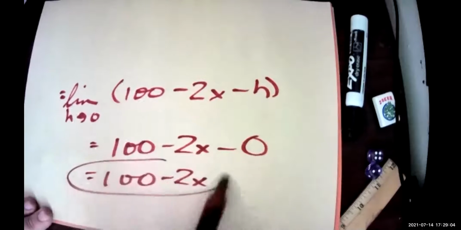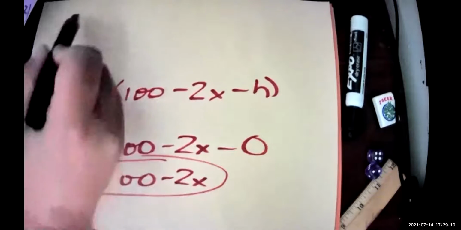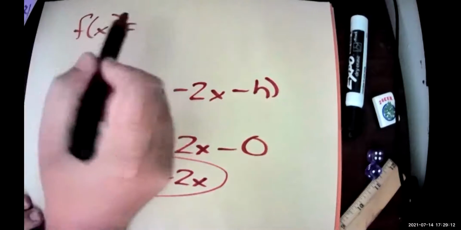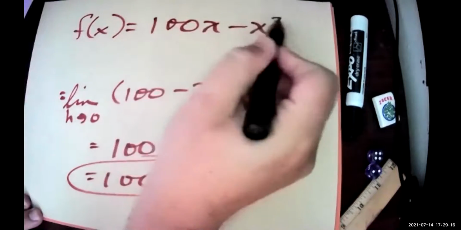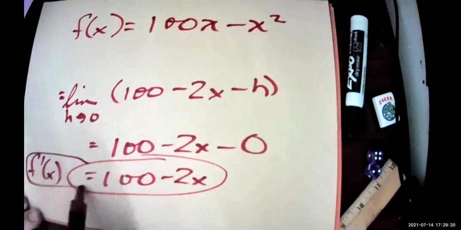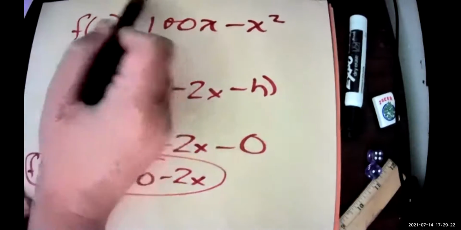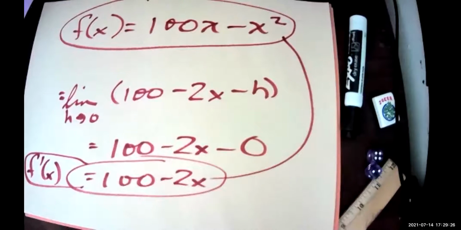What does that mean? That means the derivative of the function, if the function is 100x minus x squared, then the derivative is this. Now, I want you to get analytical with me and look at these two things.